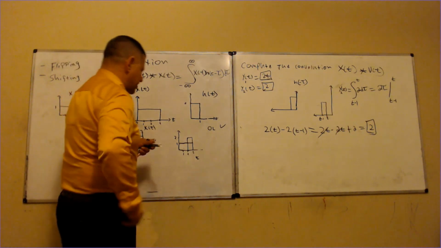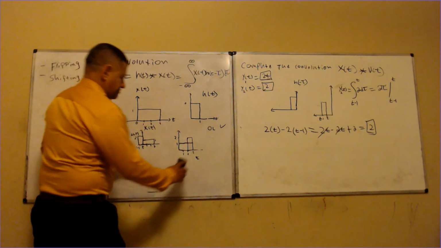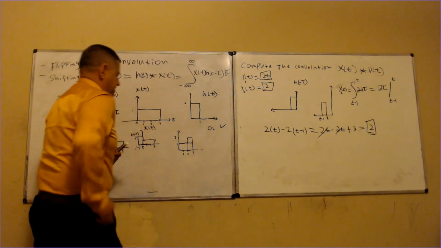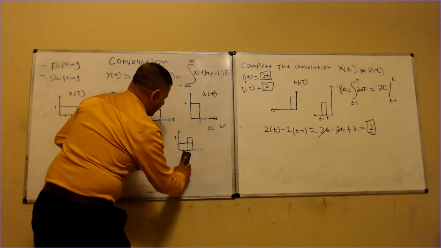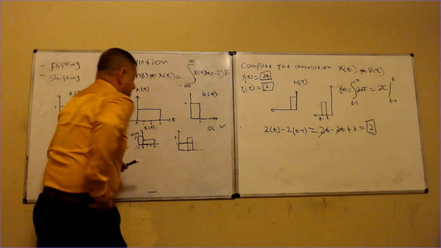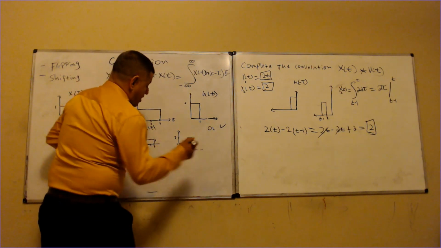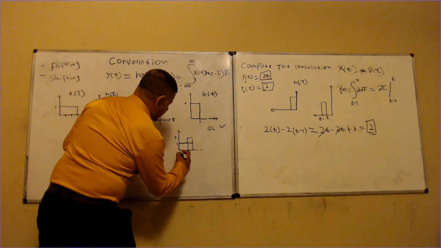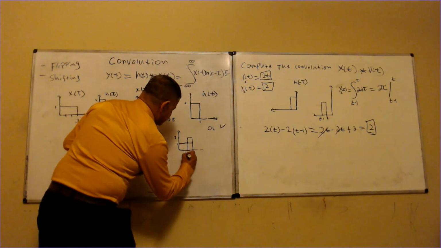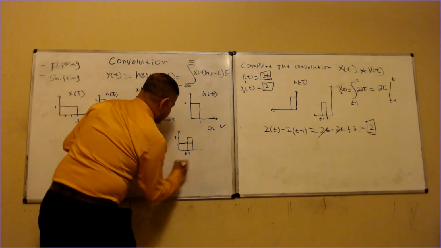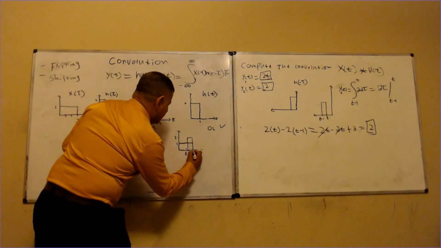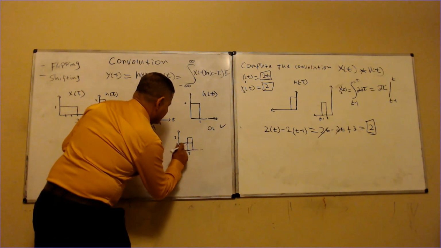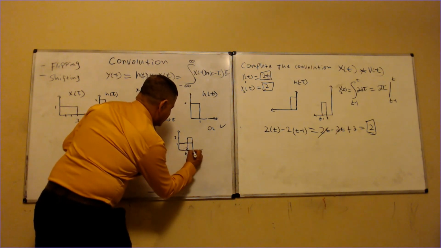Okay, so with that being said, let's do this. So we know that this is 1, and this is 2. Let me just put t minus 1 here. I'm sorry, this is 2 and this is 3, right?